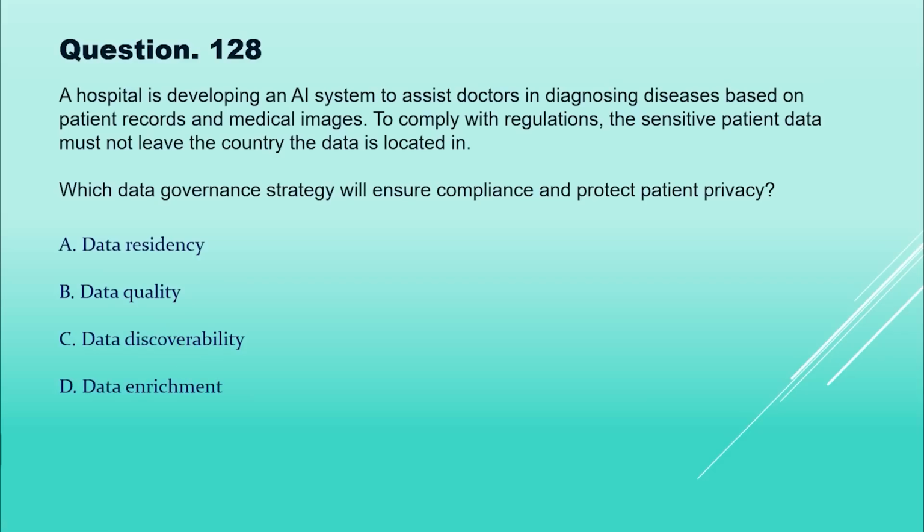Option D, data enrichment. So these are the options here. You can take your time to guess the correct answer. And the correct answer here will be data residency, because it ensures that the sensitive data remains within the geographic boundaries of a specific country or region, helping to comply with data sovereignty and privacy regulations such as HIPAA or GDPR. So option A, data residency, is correct here.